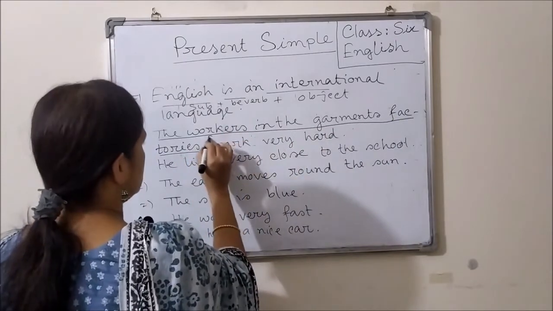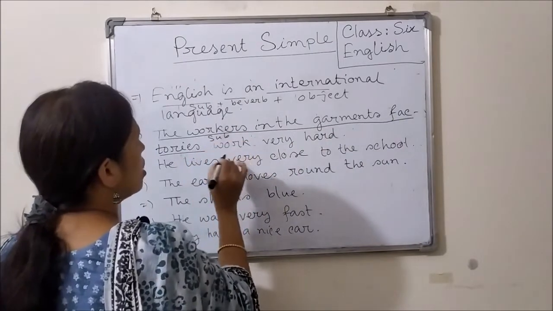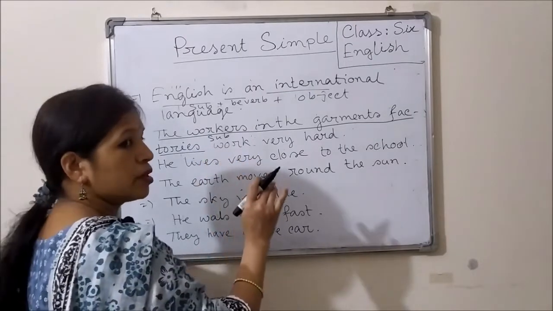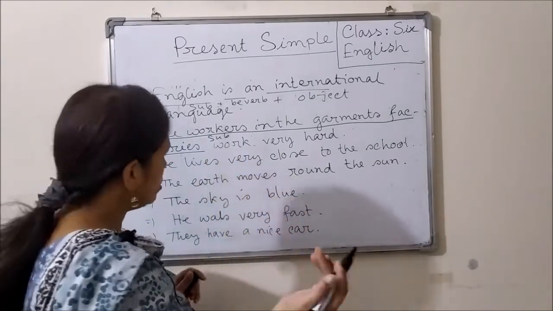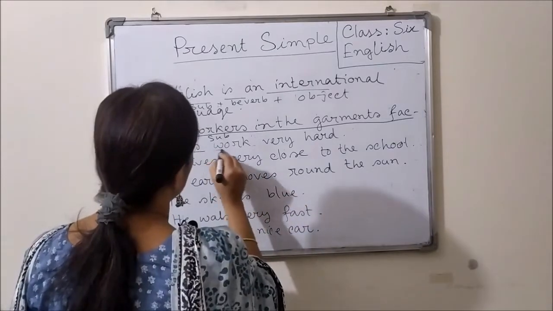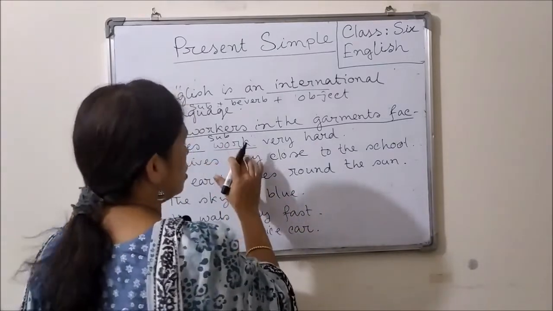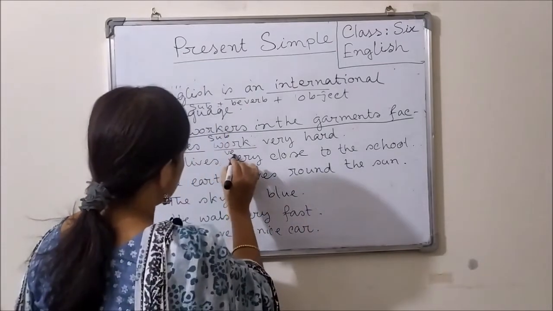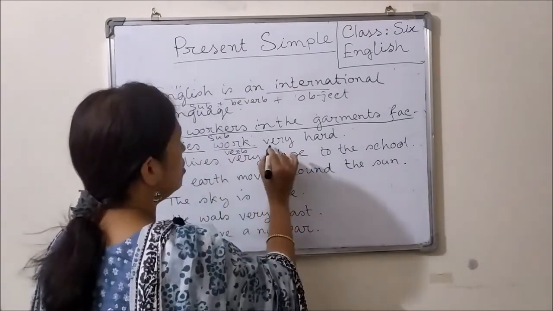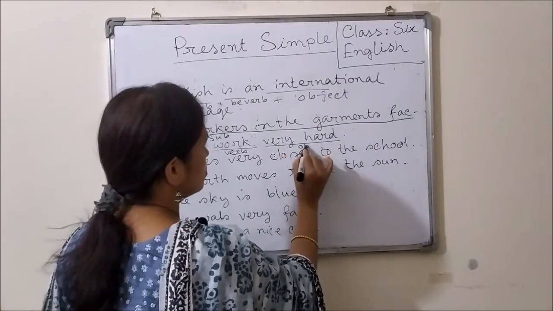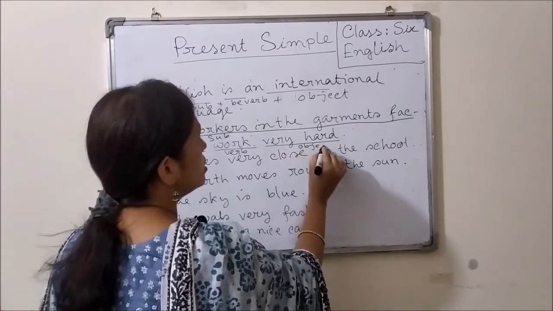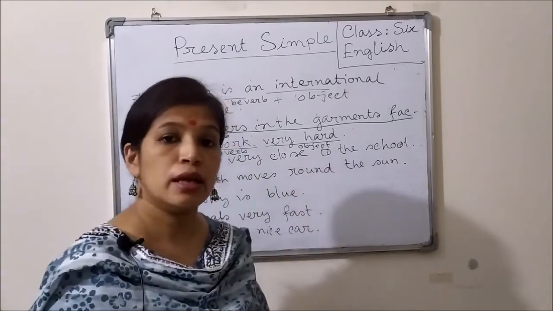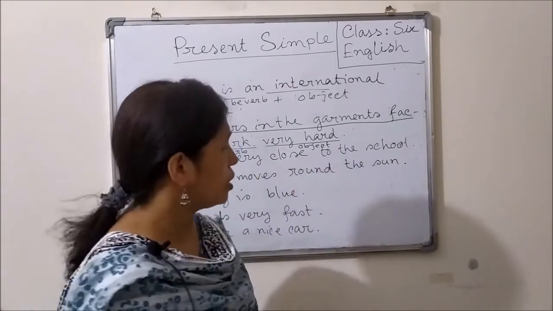Then comes the action, the base form of the verb. Here the verb is work. So work is in base form. Then very hard is the object. So this second example matches with the second structure.